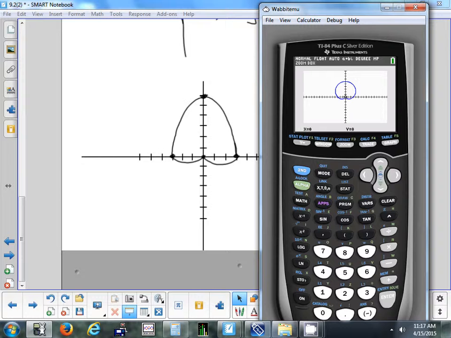So this one looks a little bit more rounded. You can change how it looks depending on your window. You zoom in, okay, zoom out. If you change the 3s, you get a bigger or smaller version. But I actually think our sketch looks a little better because it looks more like a heart.